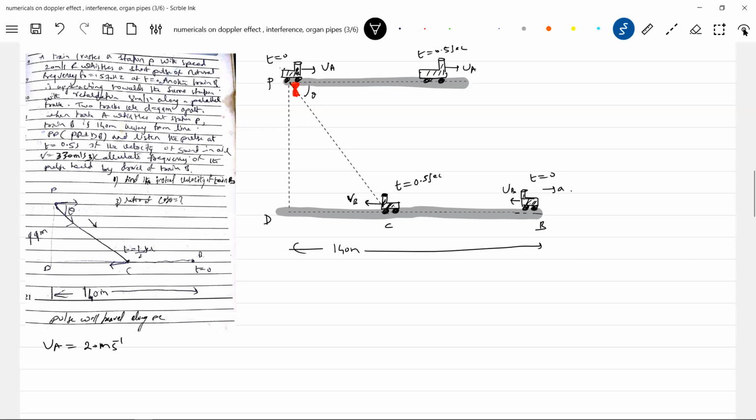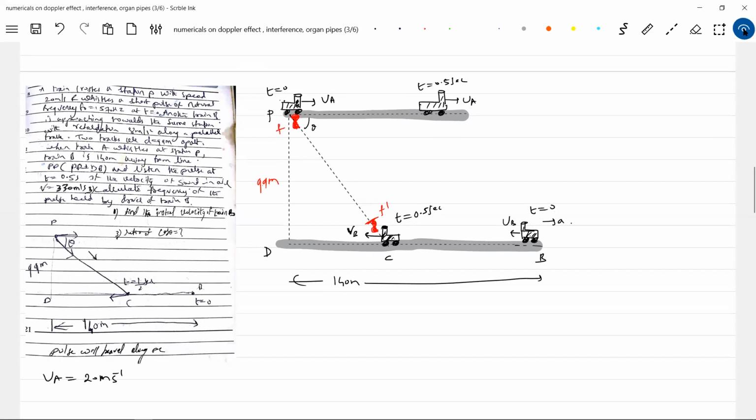Here the pulse is generated, the pulse will be detected, the pulse will arrive here. This distance, what we know is 99 meter. At P, pulse generated. At C, pulse is detected.